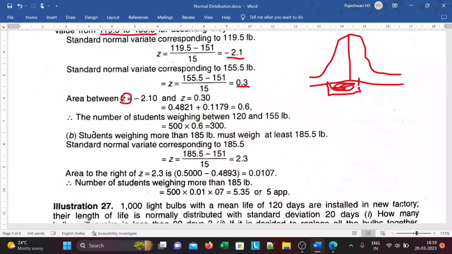Now we need to find the number of students falling between these two points. So the total number of students is 500 times 0.6, since the area between these two points is 0.6. That is 300 students. So that means there are 300 students with a weight between 120 and 155 pounds.